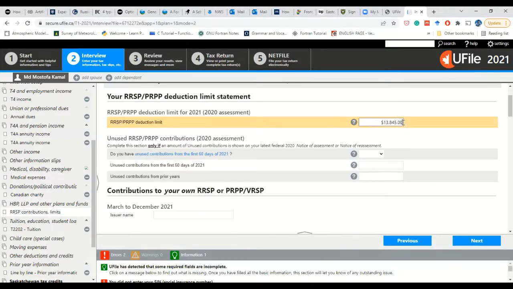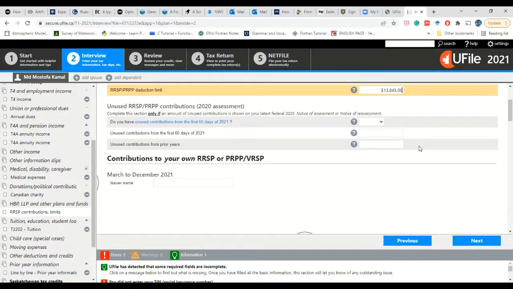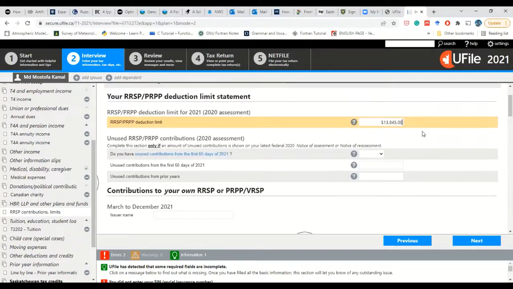This information is coming from my previous tax year, so it is automatically retrieved in this software because I gave permission earlier. If this is your first time submitting taxes, please do not be worried about that. It will be empty.